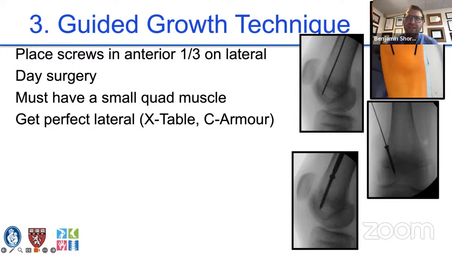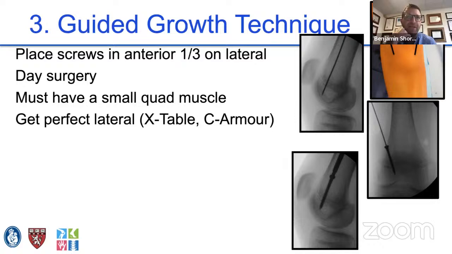And in reality, that can sometimes be a difficult shot, which isn't critical, but you don't want them crossing over into the other half of the distal femur. They can approach the center part of the femur, which is fine, but you need to make sure that you're getting a perfect lateral. So you need to have a C-arm drape or some sort of drape to make sure that you're getting a perfect lateral. You cannot do this by rotating the leg. That's not going to work.